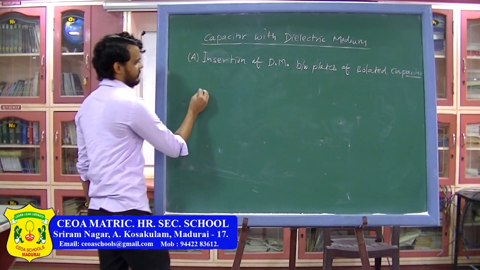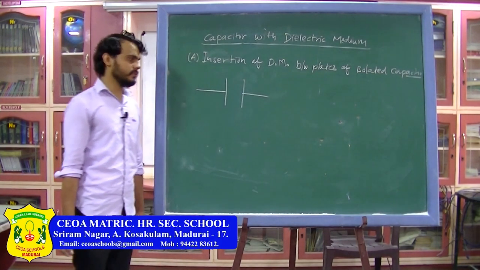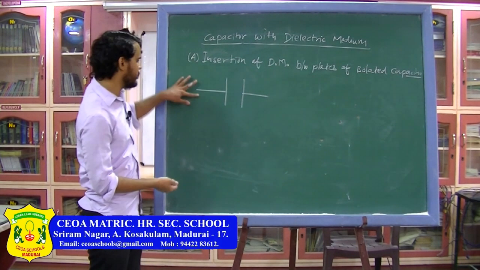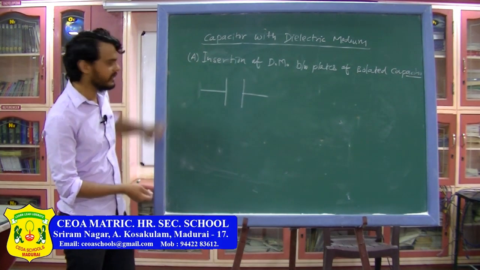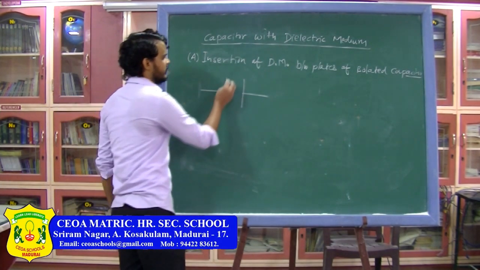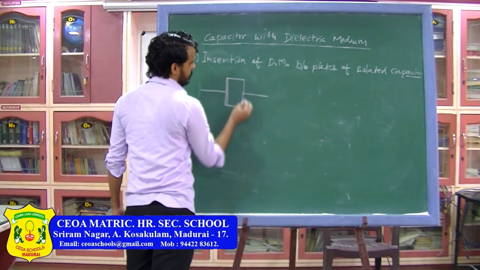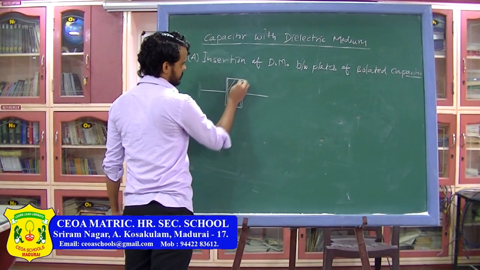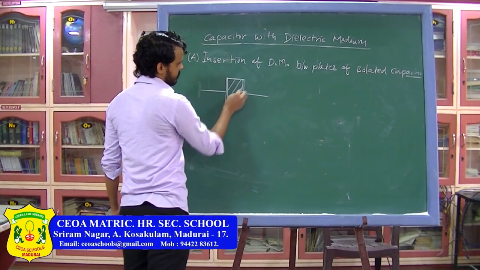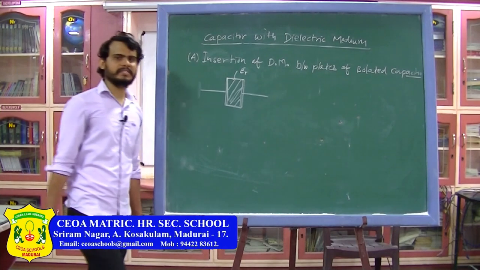Now, isolated capacitor means it is not connected to any other external devices. This capacitor is not connected to any electric device. There is no battery, there is no resistance, there is only a capacitor, and we are going to insert a dielectric medium. So we are going to fill the space between the capacitor plates with a dielectric medium whose relative permittivity is epsilon r.